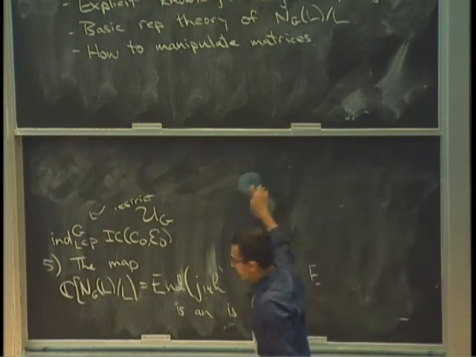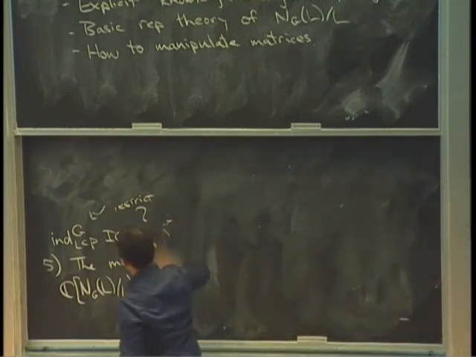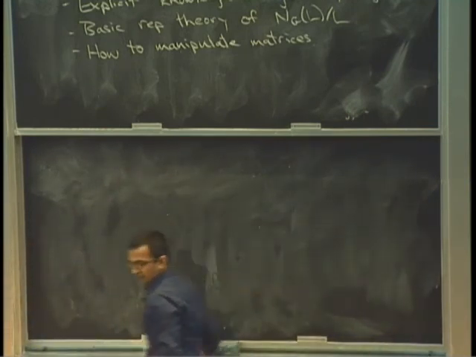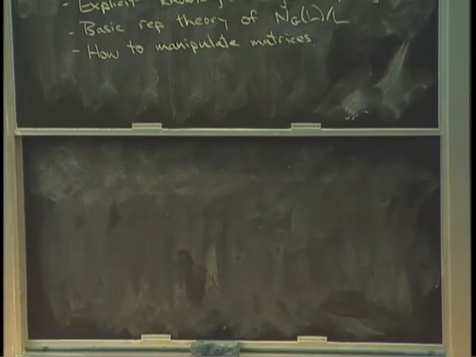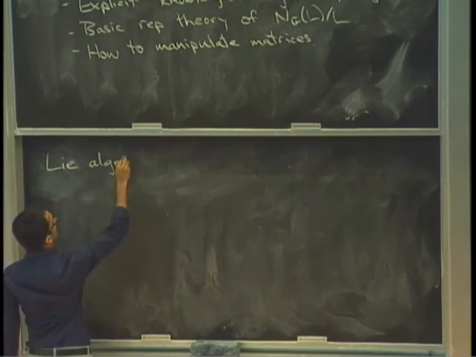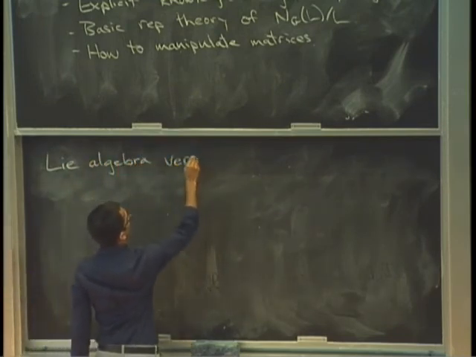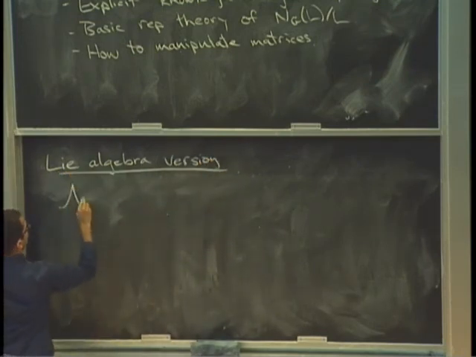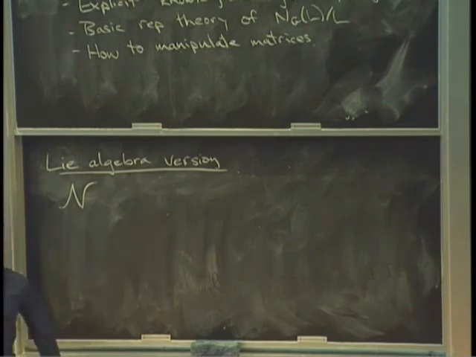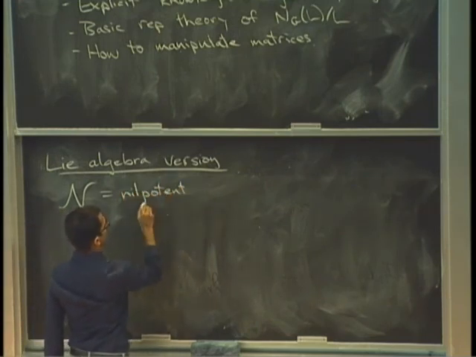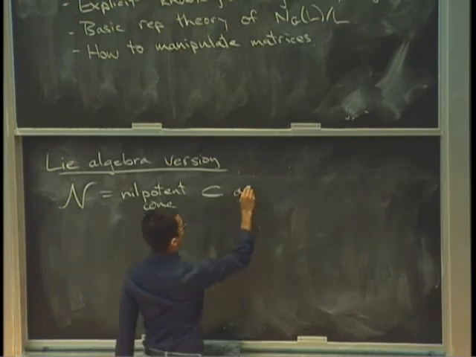Tomorrow I'm going to be talking entirely in the Lie algebra setting, and there's a lot which is really identical. The first thing I need is a bit of notation. When you work in the Lie algebra, it's n instead of u. So this is the nilpotent cone inside the Lie algebra.